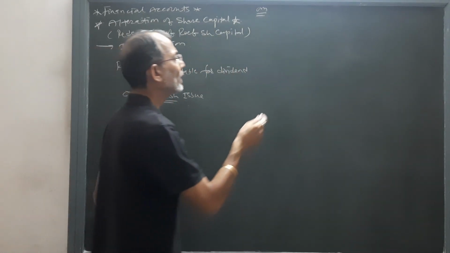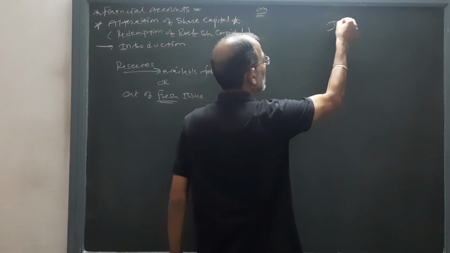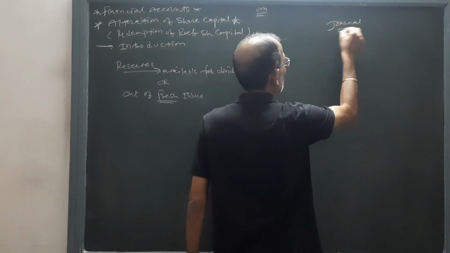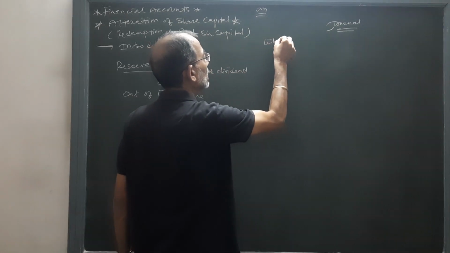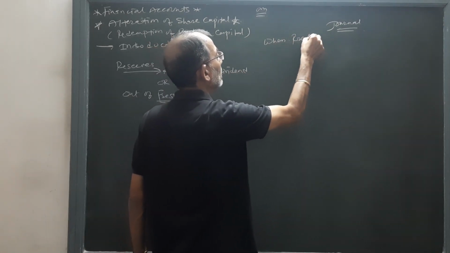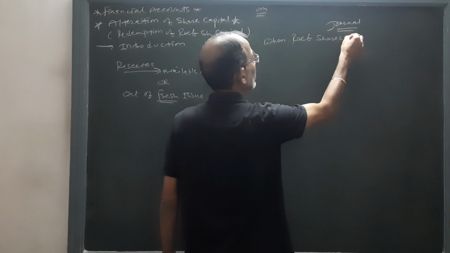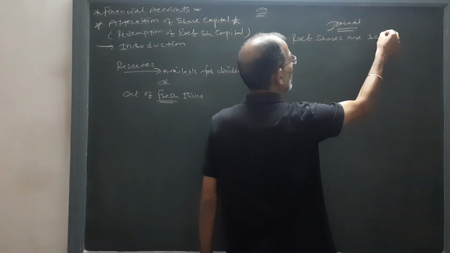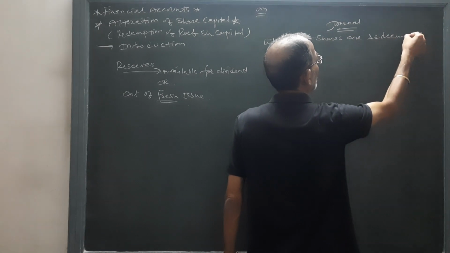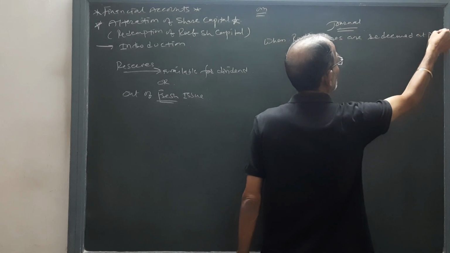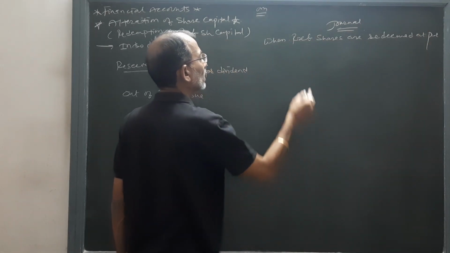Now, how will the company write the journal entry when preference shares are redeemed at par?